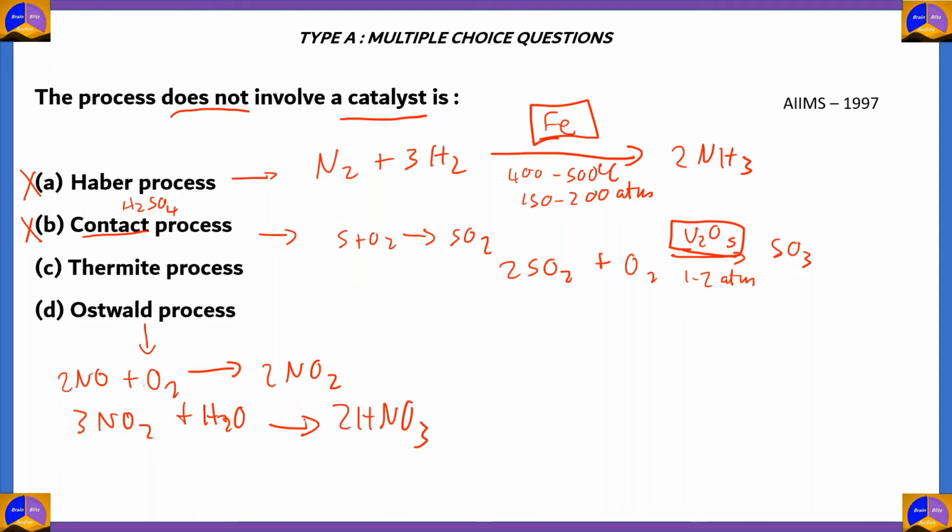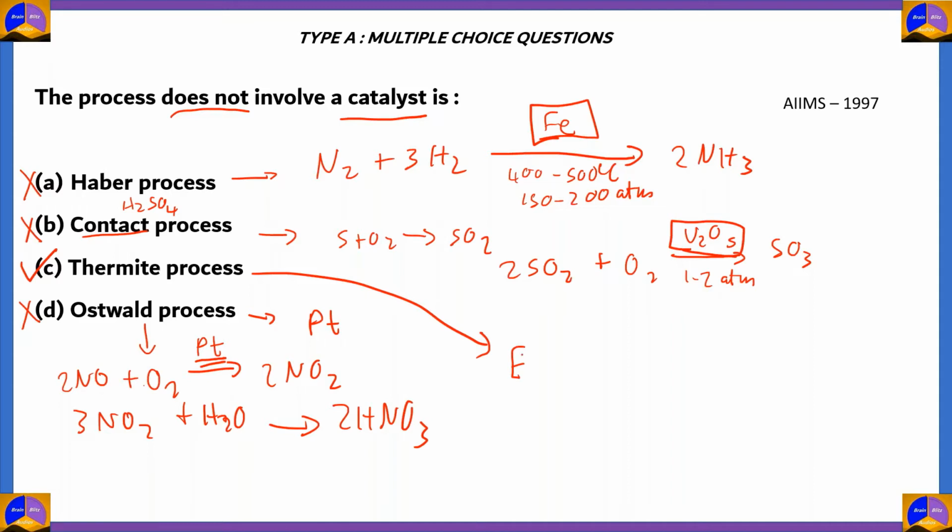The Ostwald's process is known for using the catalyst platinum, and the platinum catalyst is used when NO is converted to NO2. So since the Ostwald process uses the catalyst platinum, it involves a catalyst, so that makes this option incorrect. Therefore, the right answer is option C, Thermite process.